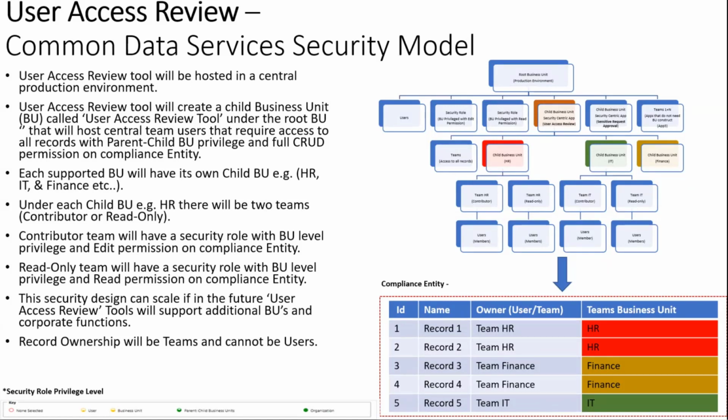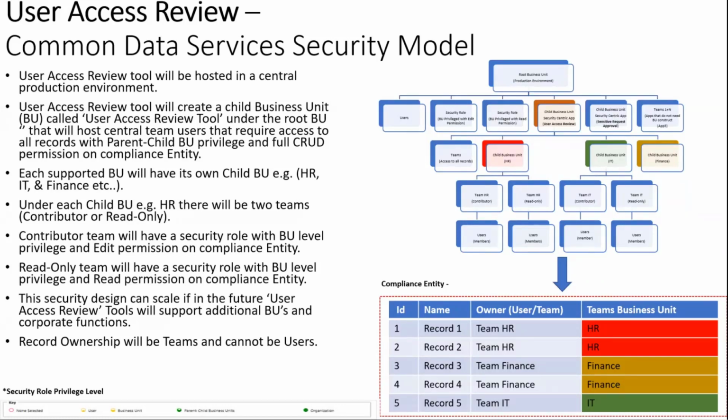So they created a child business unit, and under it they created the 21 business units for the 21 departments and functions that they support, like HR, IT, finance. And then they created owning teams, like contributor and read only, depending on where the person is. The person could edit the record or could only view the record. So they created two teams within each of the business units.